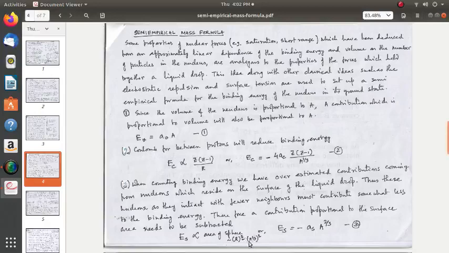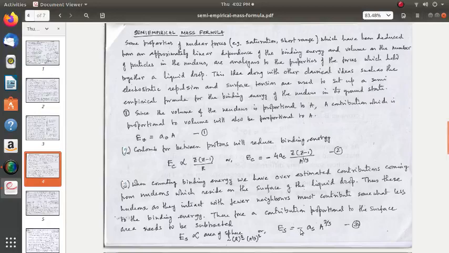So that is a to the power 1/3 squared. A to the power 1/3 squared is a to the power 2/3. So E is equal to minus A, a to the power 2/3. Why minus?